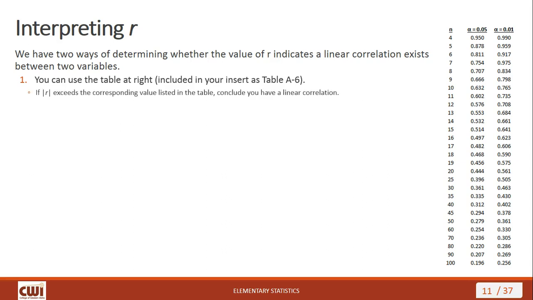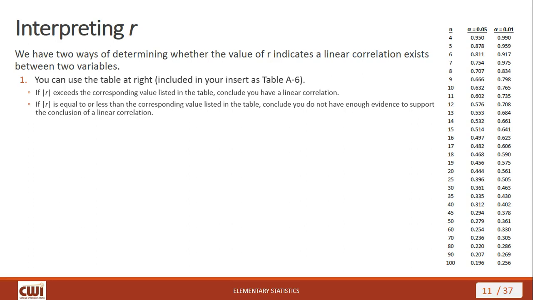So, using this table, if the absolute value of r that we calculate exceeds the corresponding value from the table, then we have a linear correlation. Conversely, if it is equal to or less than the corresponding value in the table, then we do not have enough evidence to support the conclusion of a linear correlation.